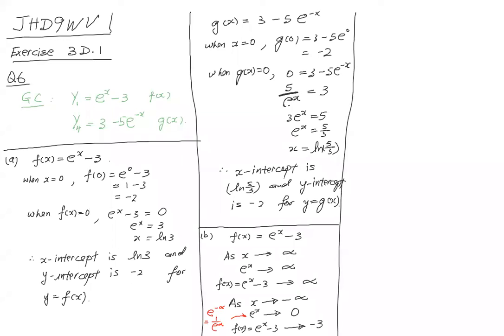If I have a positive number minus 3, can negative 3 be the upper limit?